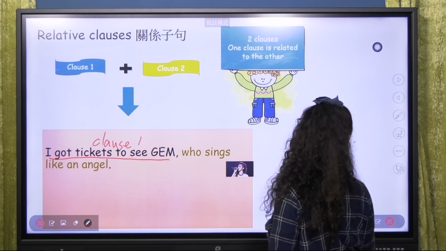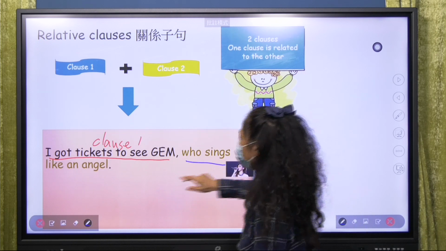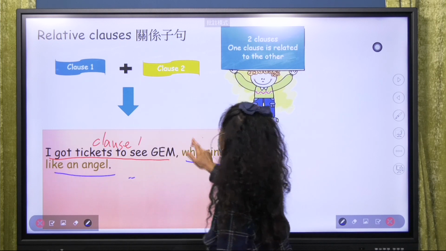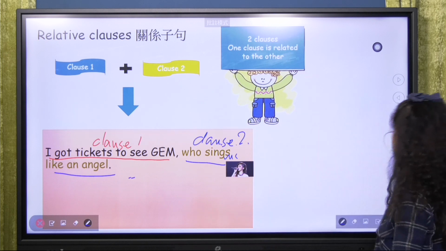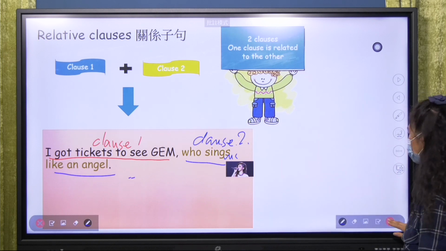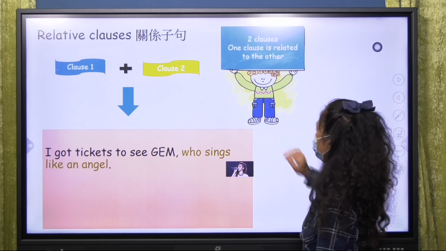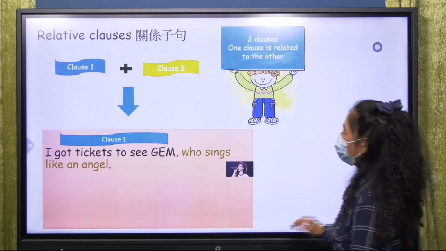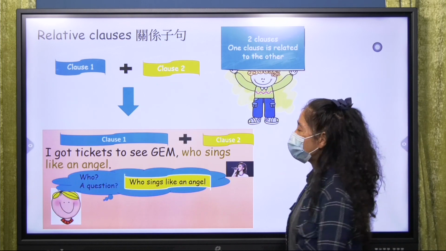And then the second clause, who sings like an angel, clause two. Clause one plus clause two make one sentence.